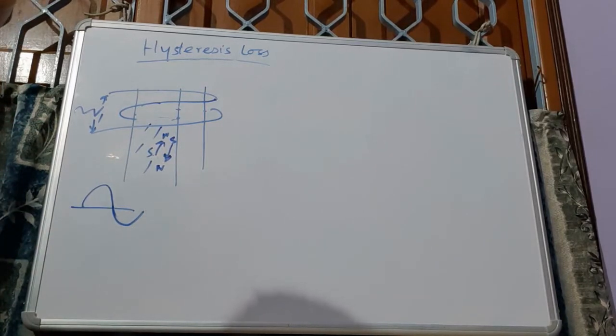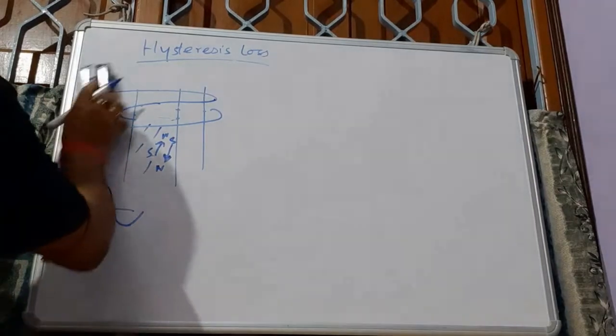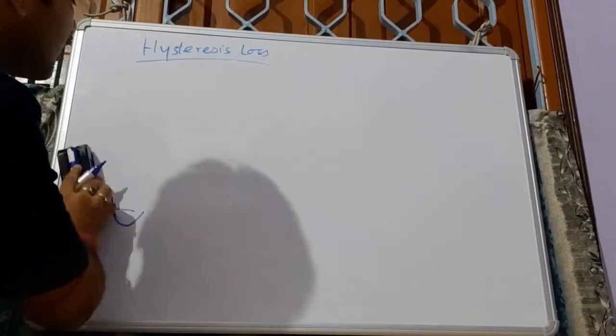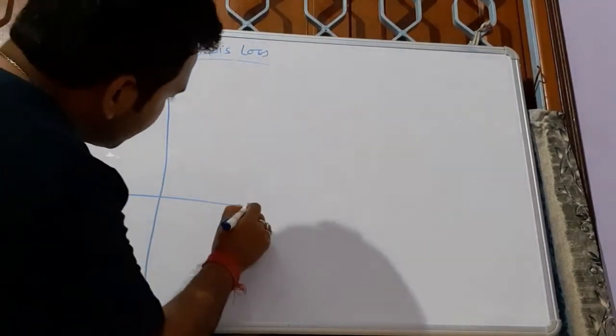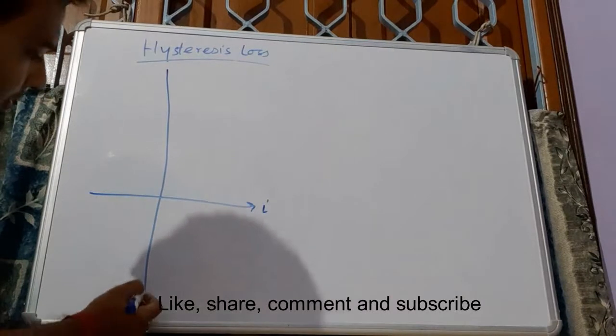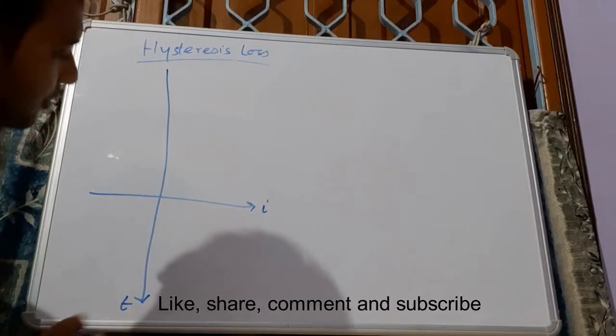Okay, now suppose I draw this: this is current and this is your time axis.